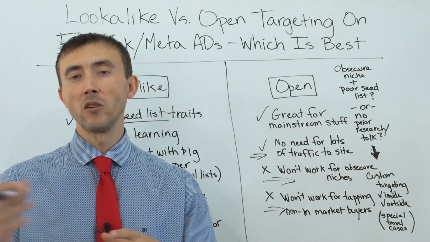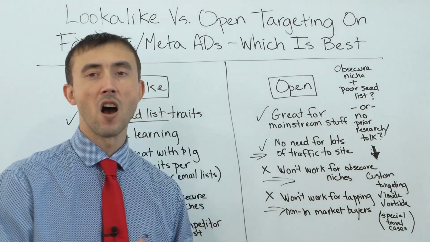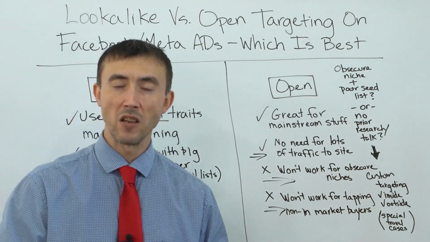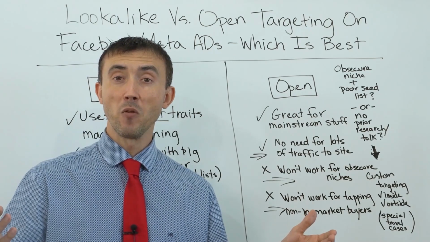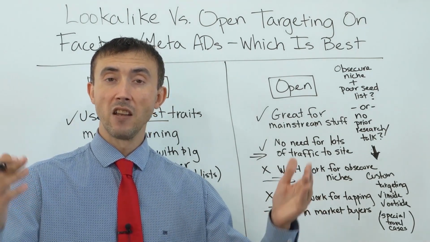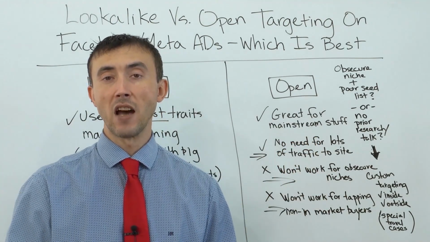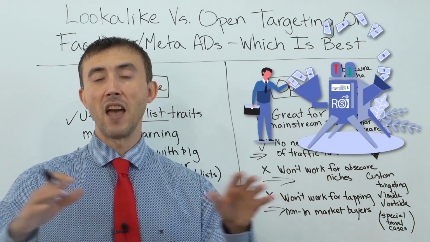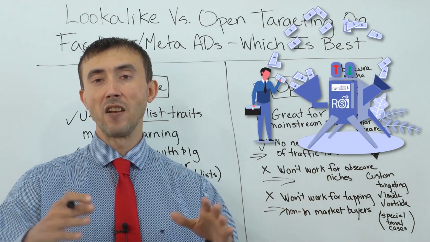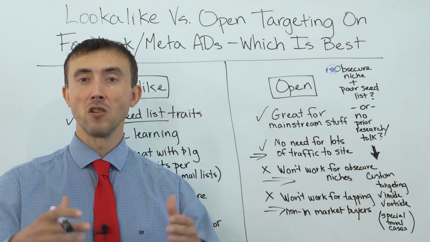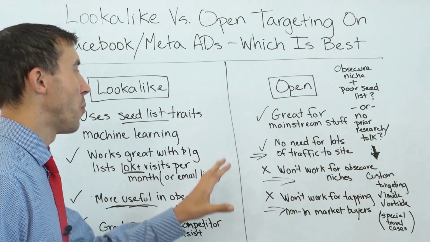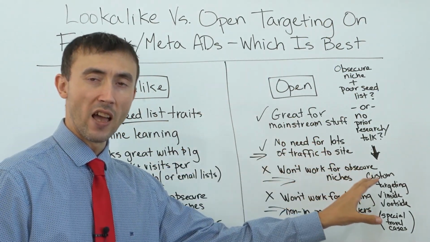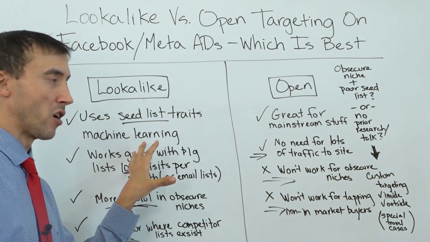So you could use these outside audiences to get a profitable campaign going. It's not a matter of if it will work, if you have a good offer and a good ad. It's just a matter of how far you have to drill down your targeting to get to an ROI that's going to be profitable, given that every person that sees your ad that is not a good prospect chips into your ROI. So that's the deal with where open targeting specifically shines and where lookalike targeting shines.